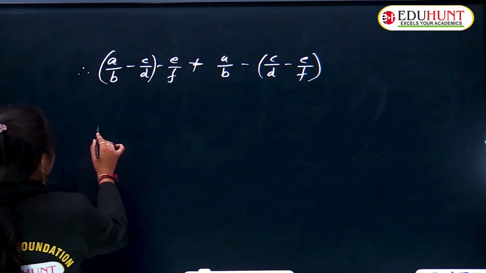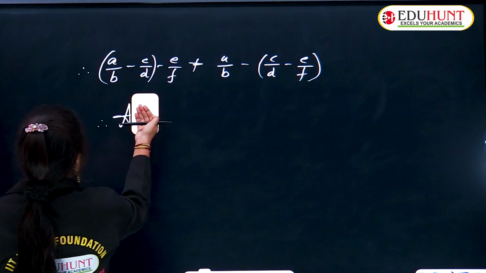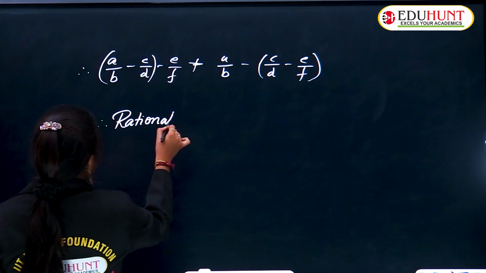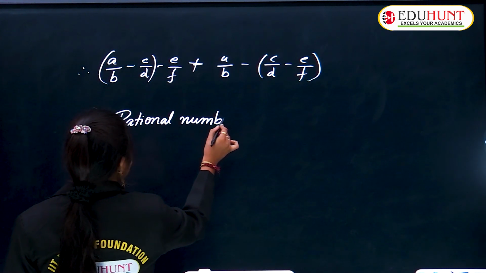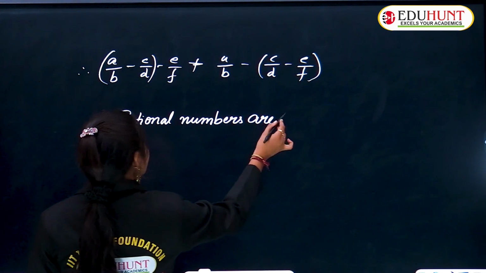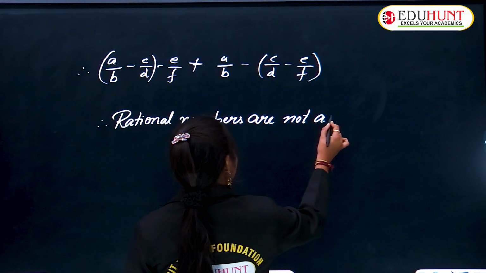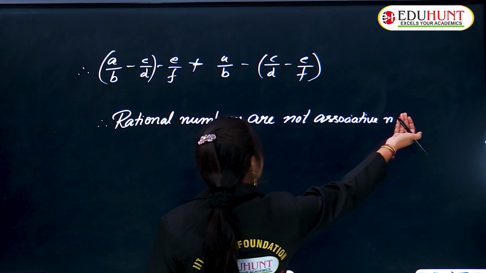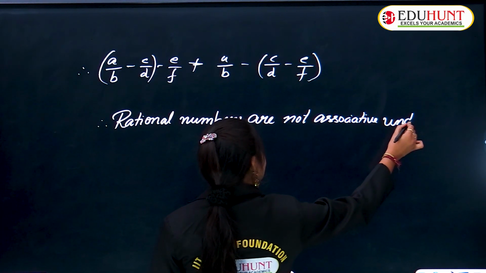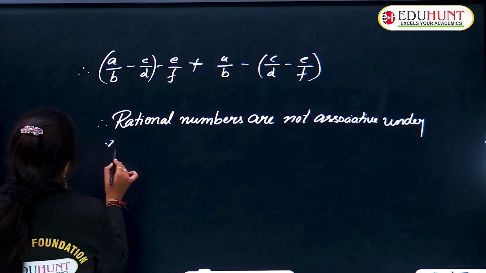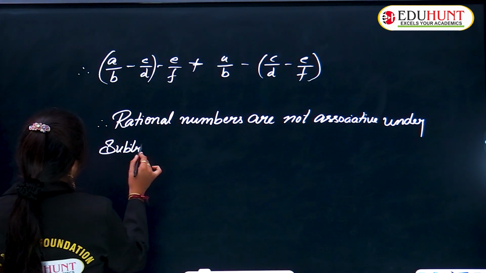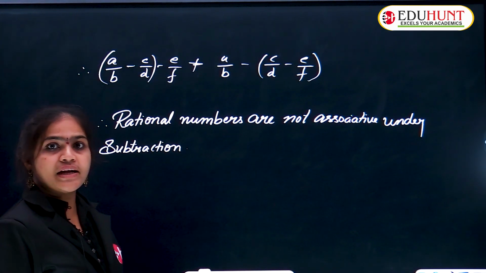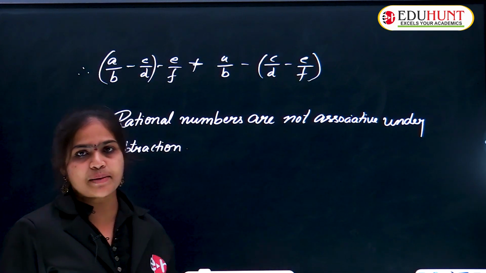That's why rational numbers are not associative under subtraction. Am I clear to you? So rational numbers are associative under addition but not associative under subtraction.